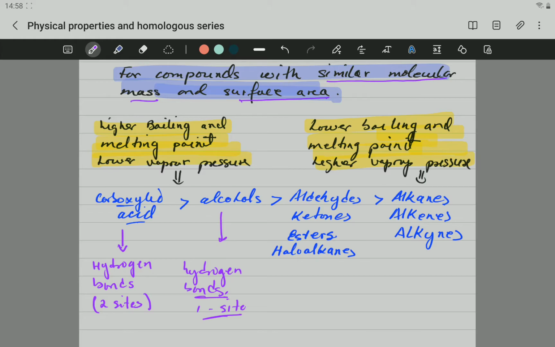Remember, carboxylic acid is stronger because it has two sides for hydrogen bond, while alcohols have only one. Then comes this group here: aldehydes, ketones, esters, and haloalkanes. All of them have dipole. And then finally come the hydrocarbons, which have London forces.